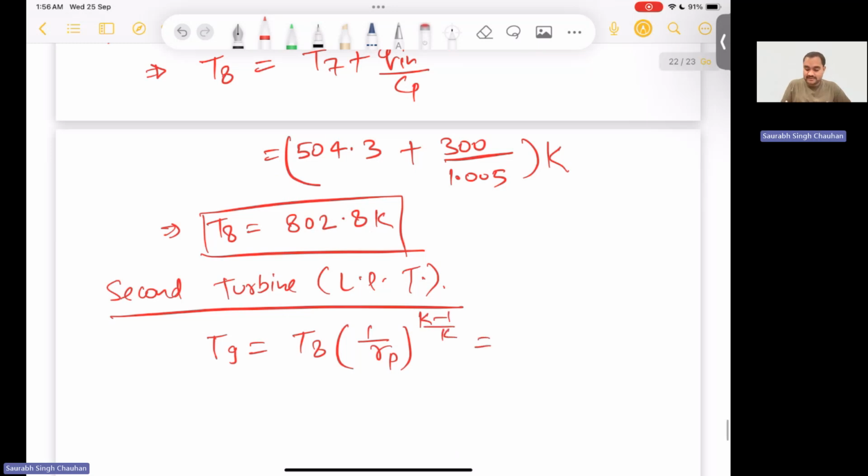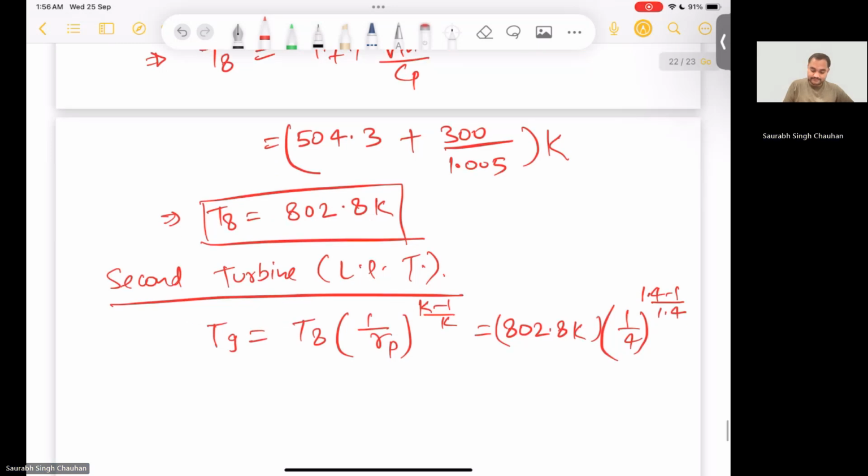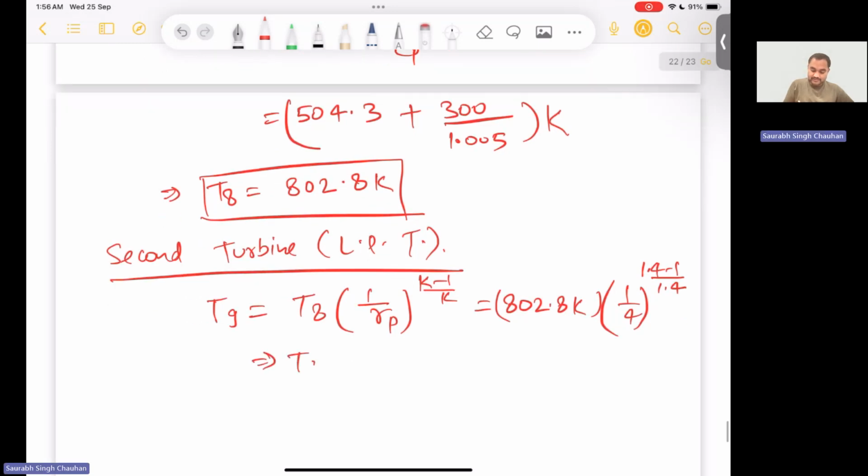Substituting, 802.8 is T8, into 1 by 4 to the power (1.4 minus 1) divided by 1.4. If you calculate this value, T9 comes out to be 540.2 Kelvin.